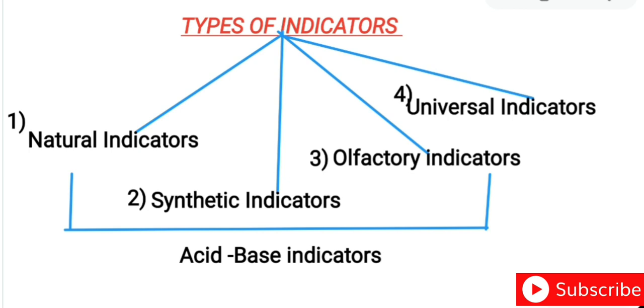But a universal indicator will tell us whether the substance is acid or base, as well as what type of acid it is, whether it is a strong acid or weak acid, whether it is a strong base or weak base. Now, let us discuss each indicator one by one with examples.